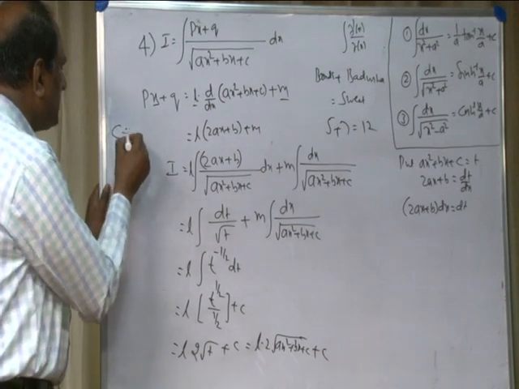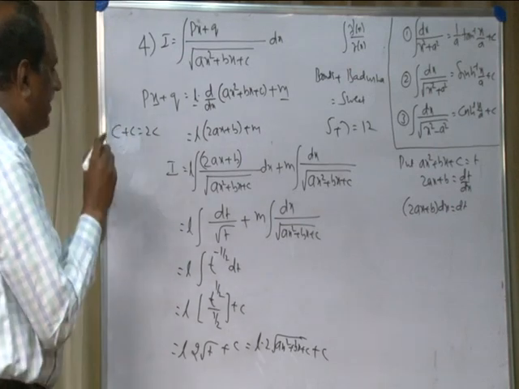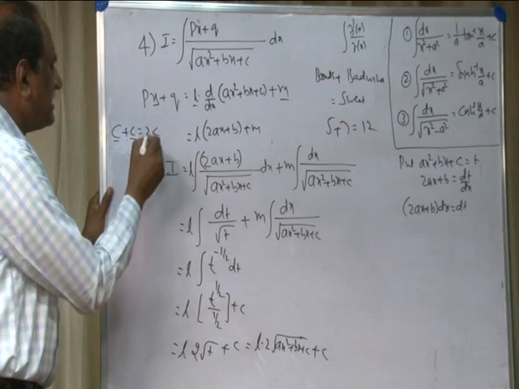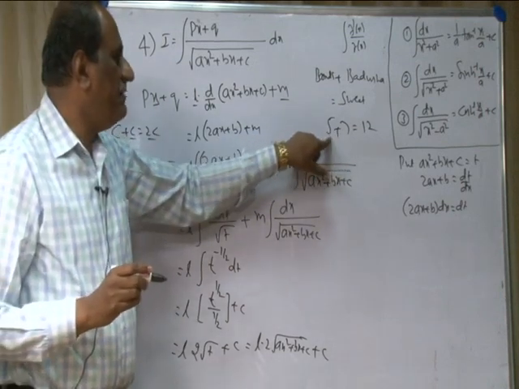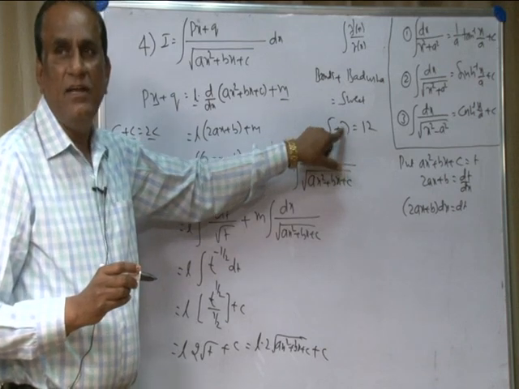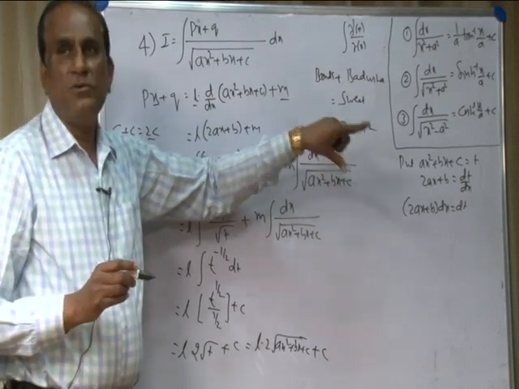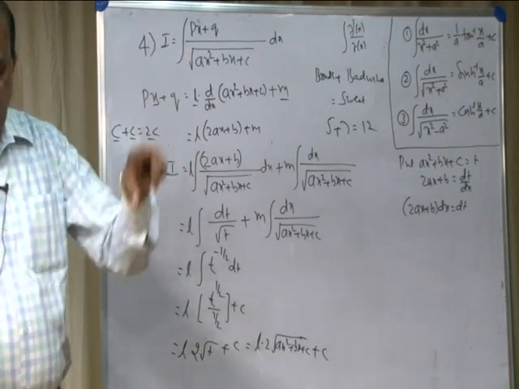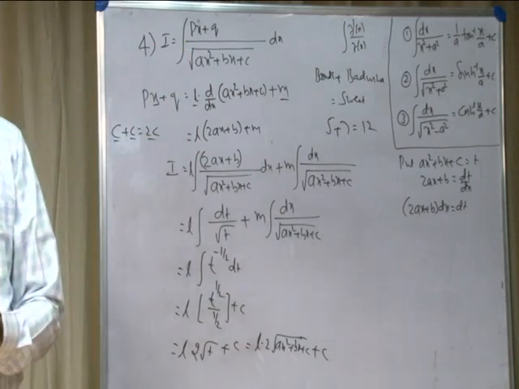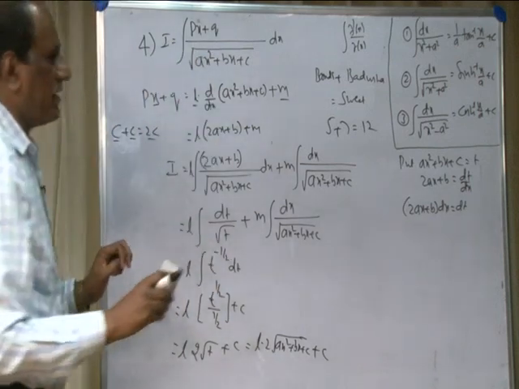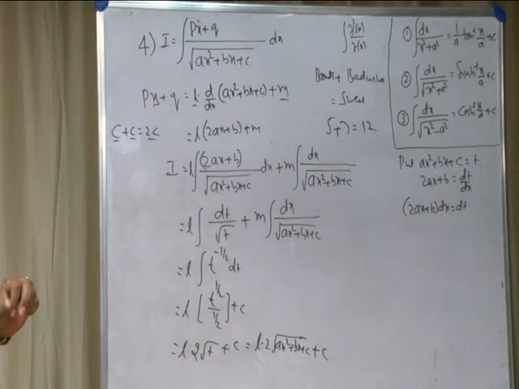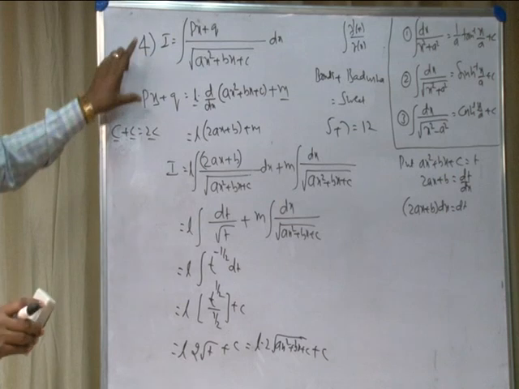If c plus c is 2c, no doubt in it, but constant plus constant is also a constant. So, these are the 4 standard forms of integrals.